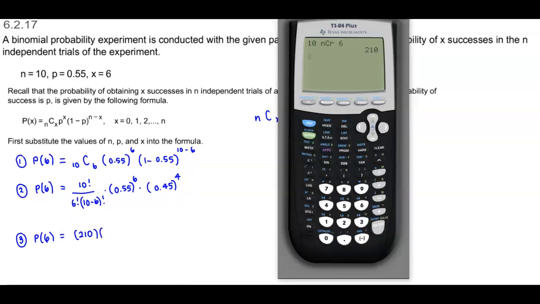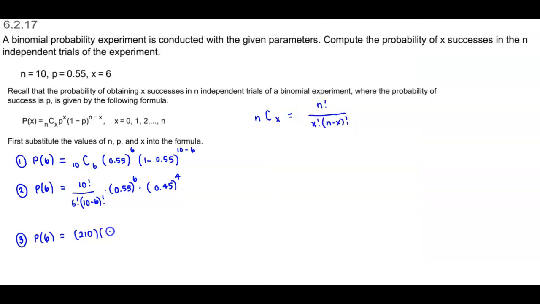Okay, and then what we're going to do is take 0.55 and raise that to the 6th power. That gives us 0.02768.